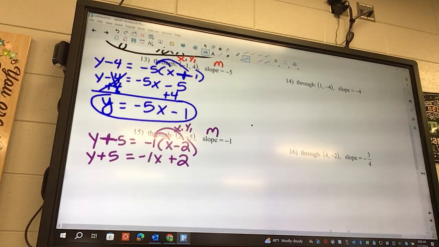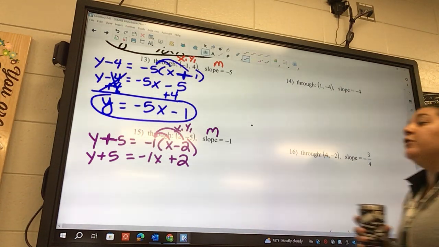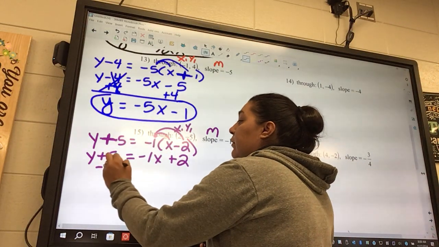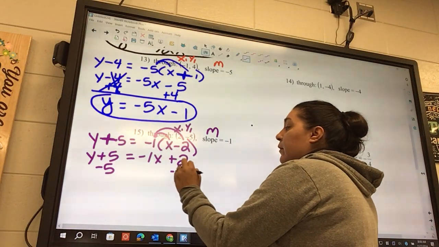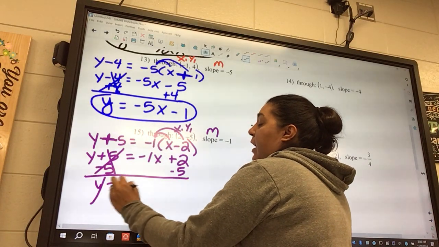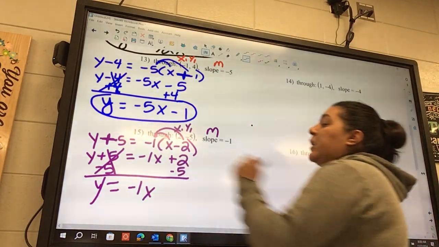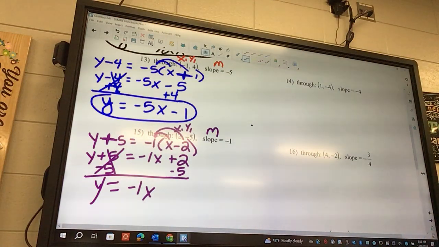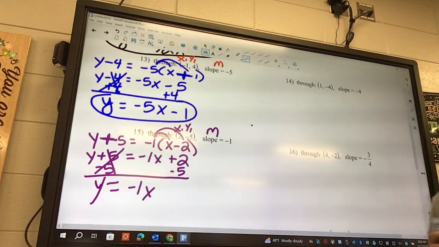We have to get rid of the number by the y. How do I move a +5? -5. Who's it gonna go under, the 1 or the 2? Under the 2. So we get y equals -1x. What is 2 minus 5? -3.